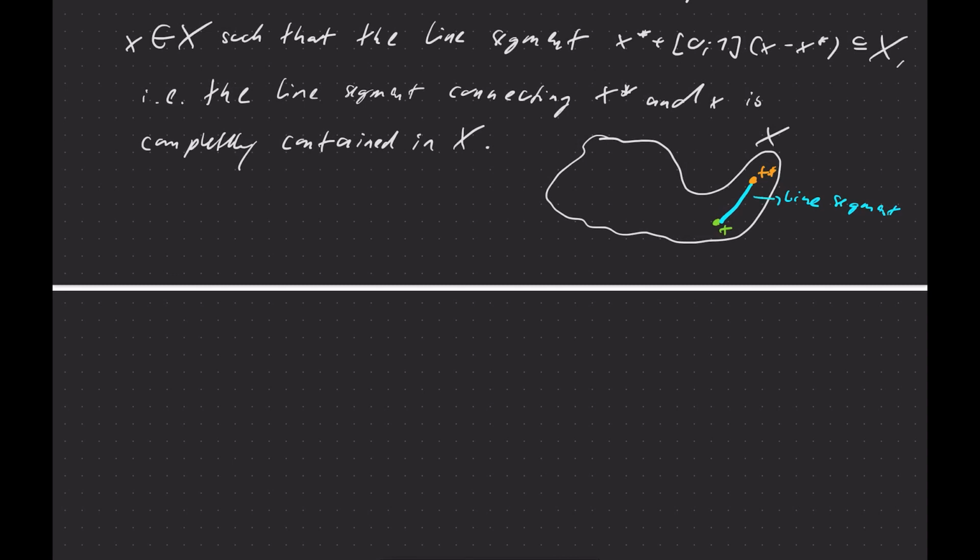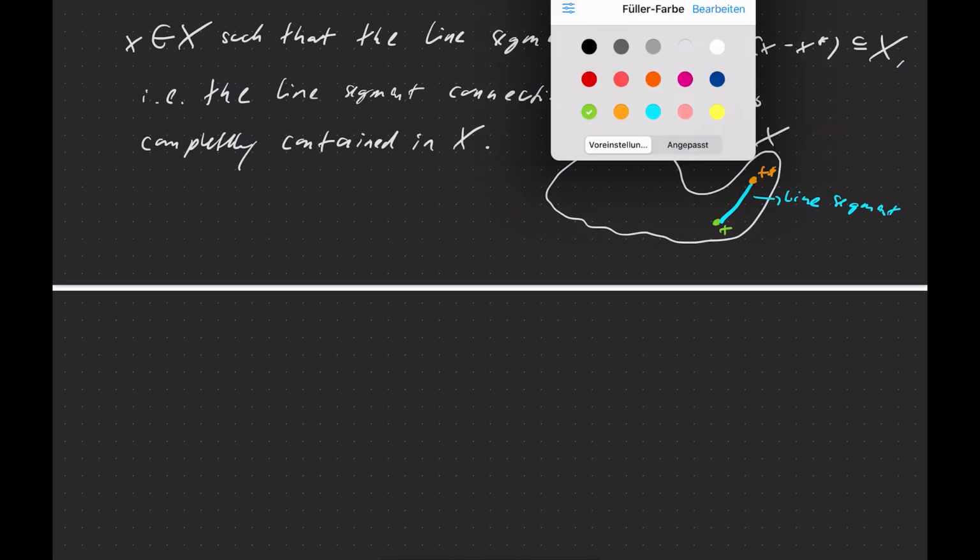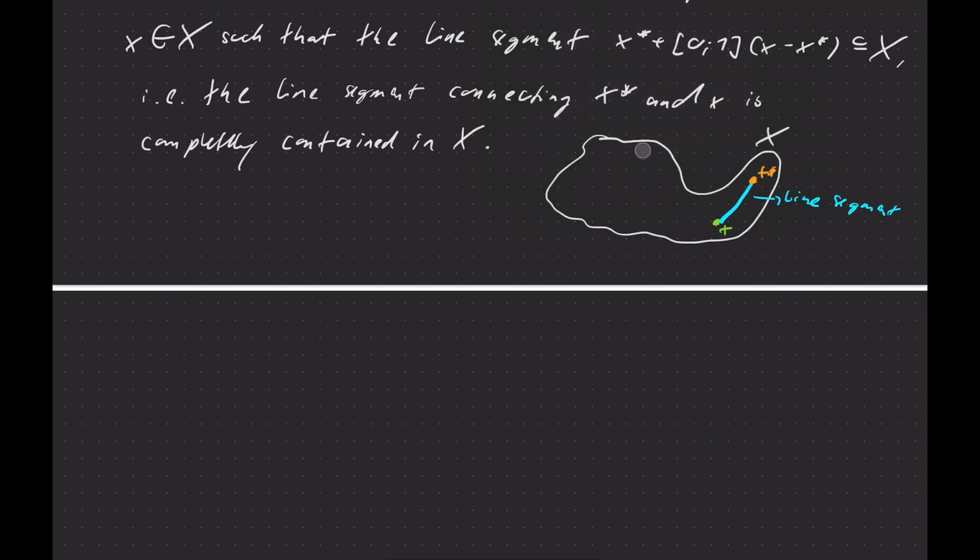So that would be completely contained in the set X. On the other hand, for a counterexample, if x was located here, and we have a look at that line segment, then this would obviously not be contained in X. So that is not a subset of X. Okay, so the theorem works for that first setting with the green X, but it does not work for the setting with the red X.